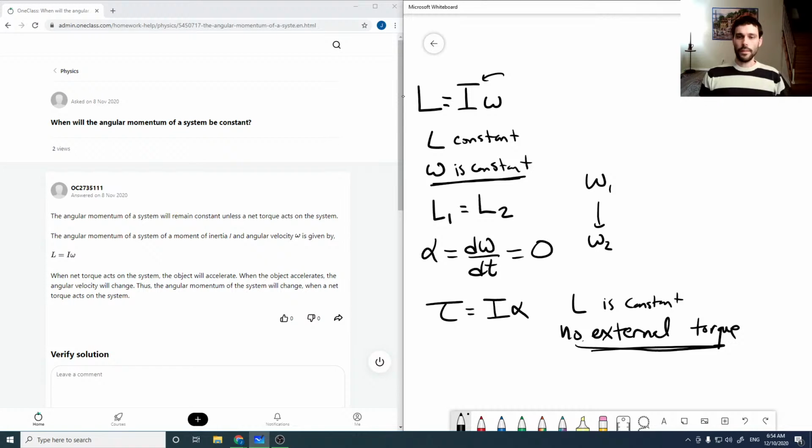Think of linear motion, where our momentum is constant with no external force. There's a parallel in almost every way between angular motion and linear motion, and it makes it a little easier to remember this stuff. So our L is constant as long as there's no net torque acting on the system, as we need our alpha to be 0, and so our torque has to equal 0.